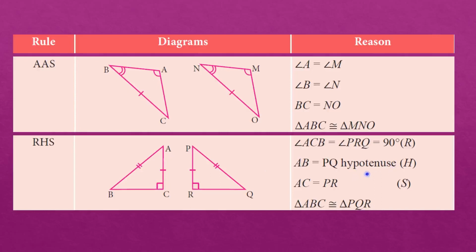Hypotenuse side. That is also equal here. That is, the side AB is equal to the side PQ. That side is the hypotenuse. And the side AC is equal to PR side. So that is called RHS. So by this RHS rule, triangle ABC is congruent to triangle PQR.